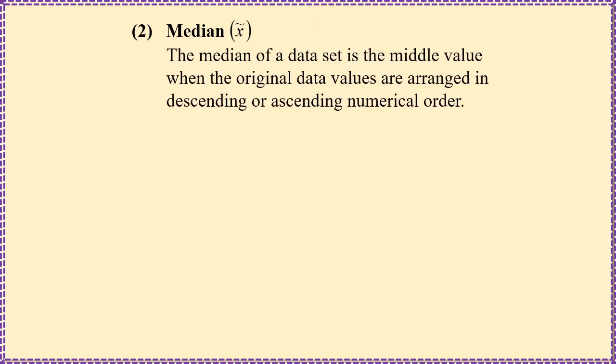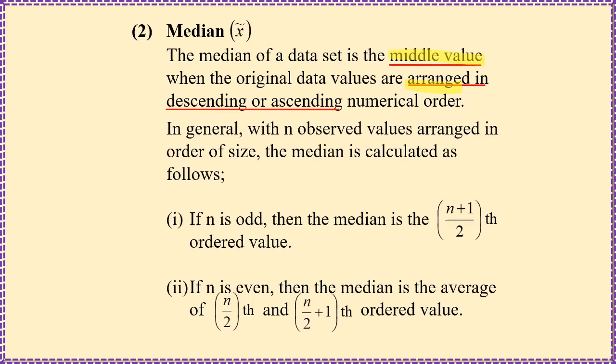Next, the median. The median of a data set is the middle value when the original data values are arranged in ascending or descending numerical order. In general, with n observed values arranged in order of size, the median is calculated as follows.